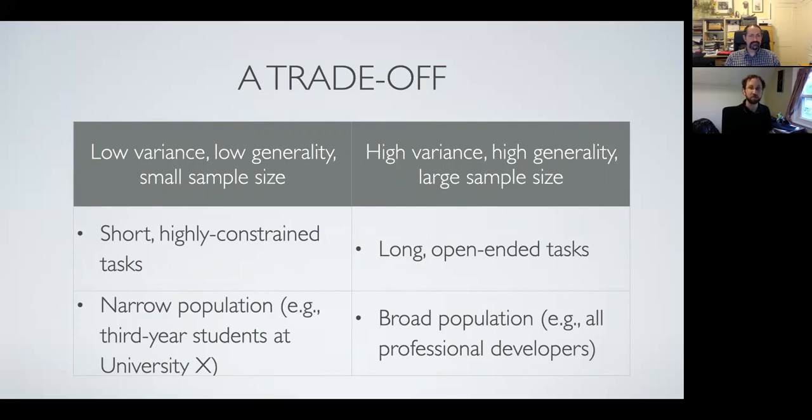Likewise, if you recruit from a broad population, you're going to get much more variance than if you try to recruit from, let's say, only third-year students at University X. But in exchange for your additional effort at recruiting from a broader population, you'll be able to generalize to a bigger group. So as you move more toward the right in this table, you're going to need more participants. So that's kind of a question for you about what your goals are and what your budget is in terms of how much time and money you want to spend on your study.